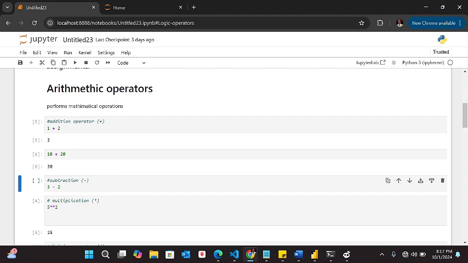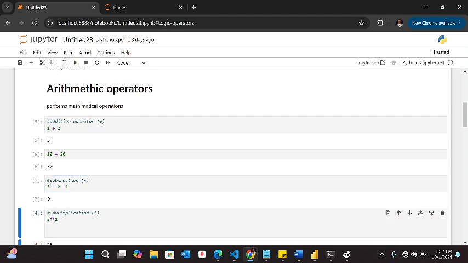And so again, we have another operator, the subtraction operator, which is symbolized with the dash. It performs the subtraction operation just as in normal mathematics, subtracting a number from another number, or more numbers from one or more numbers, right? So we can say 3 minus 1 minus 2, and then we have 0.